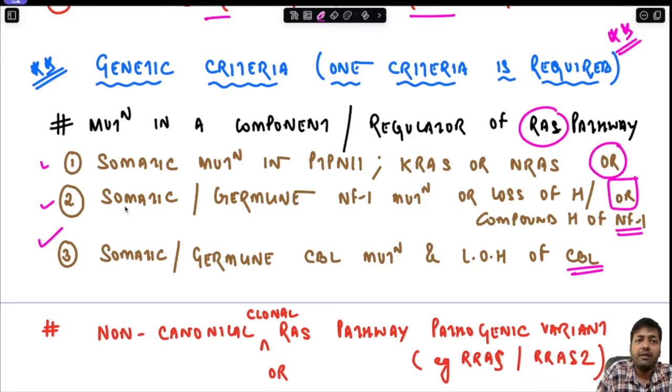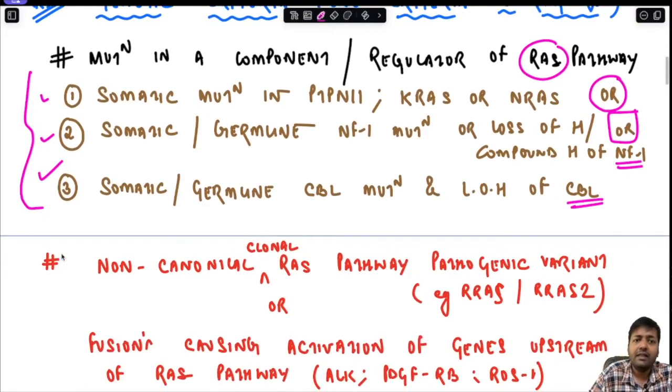Now, if mutations are not present in any of them, then the other subheading under the genetic criteria is the presence of a non-canonical clonal RAS pathway pathogenic variant, for example RRAS2, or fusions causing activation of genes upstream of the RAS pathway like ALK, PDGFRB, ROS1.